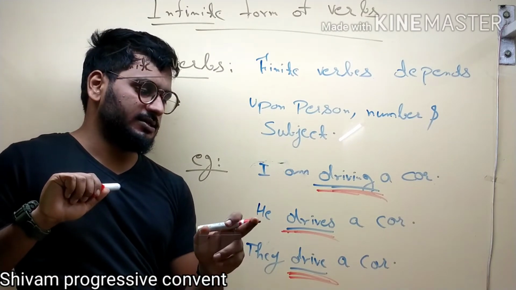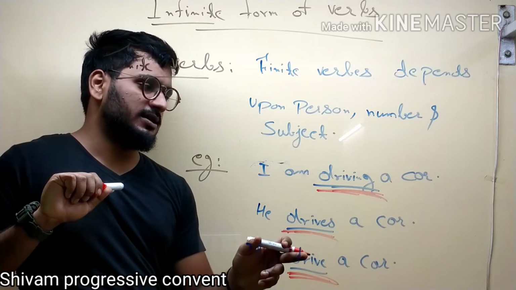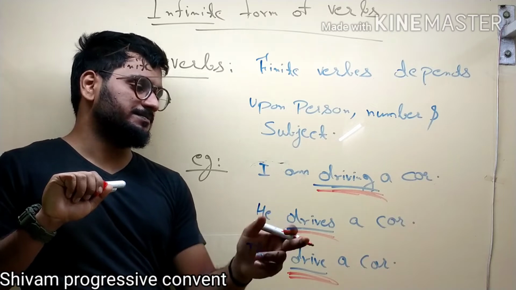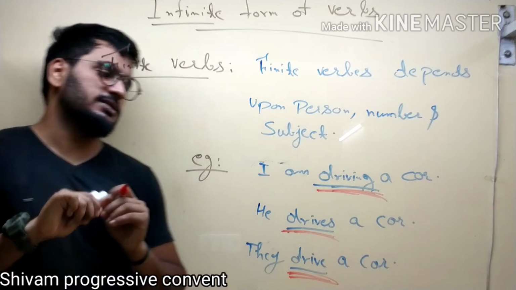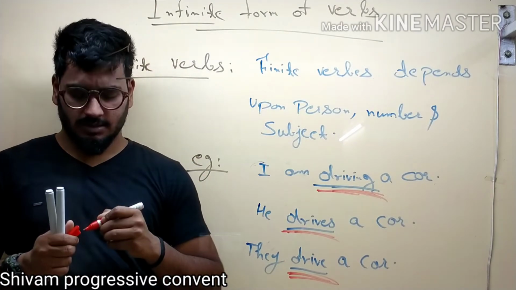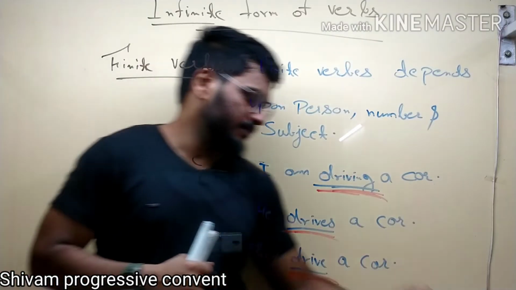Note it down. It is singular, this is plural, hence this is changed. Similarly, the tense is changing here, that's why the verb also changed. This is an example of finite verb. Note it down, then I will discuss the infinite verb.